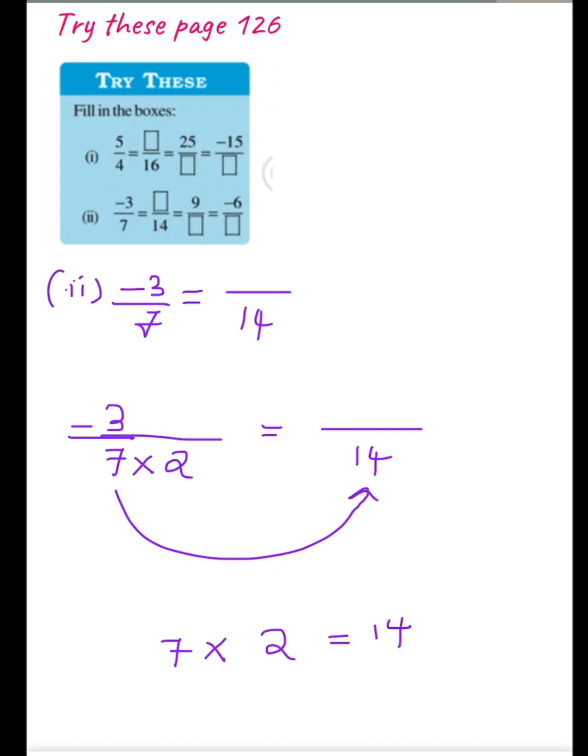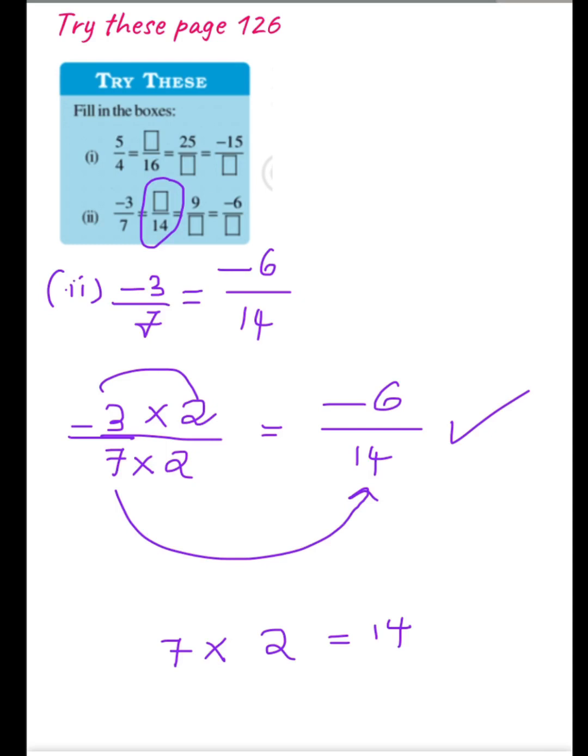So whenever you multiply denominator with 2, you need to multiply the numerator also with 2. So what will be in the answer? You will get minus 3 into 2 is what? Minus 6. So the answer will be minus 6 by 14. So here you will get the answer as minus 6.